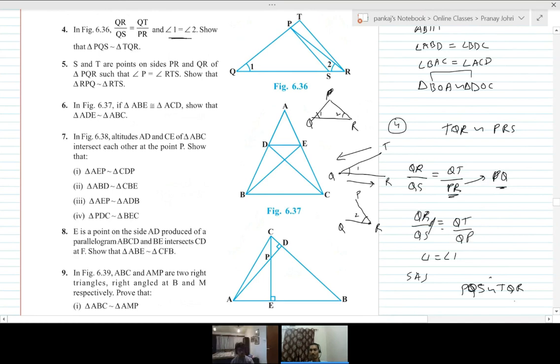QP, P is corresponding to T, and QR is corresponding to QS. From the sides you can check the angles.